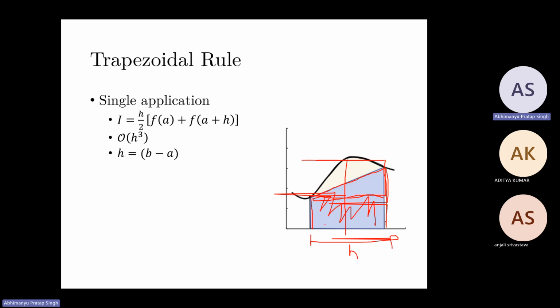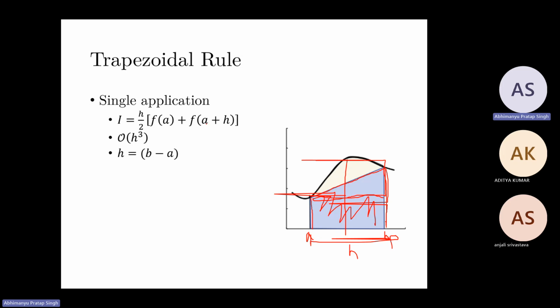Now, if this is my point A and this is my point B, I am approximating my B with H, right? So my A plus H would be my B. This is my f(a) point, this is my f(b) point.